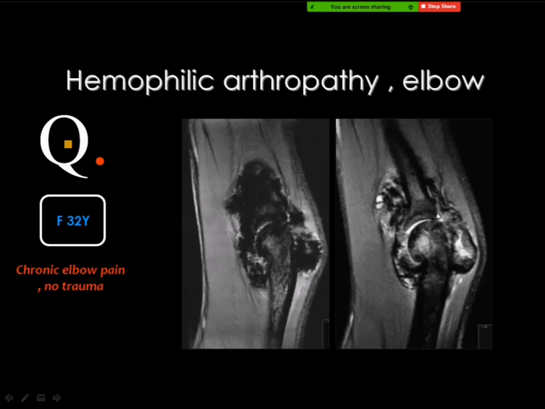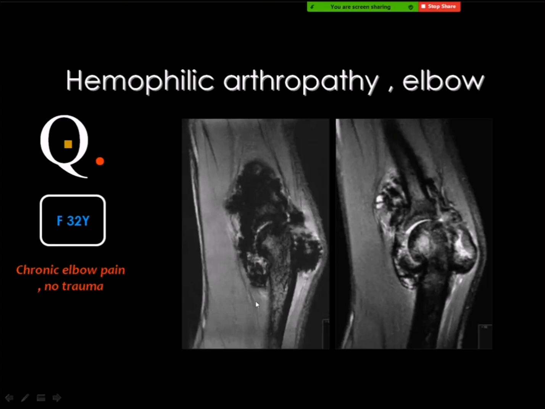Actually, these two images are not enough to select one of the conditions, but you should have the post-contrast image. In pigmented villonodular synovitis, the lesions will enhance, but in hemophilic arthropathy, the lesions will not enhance.